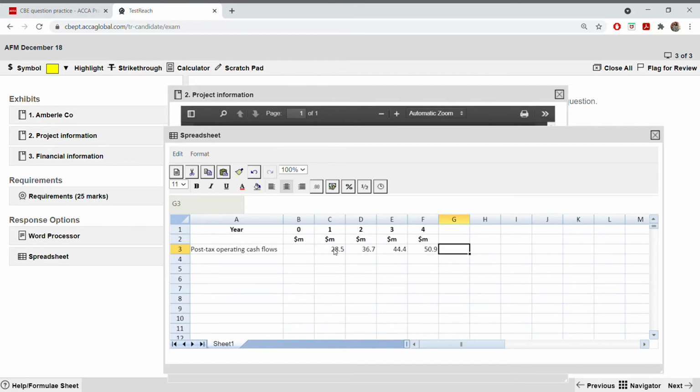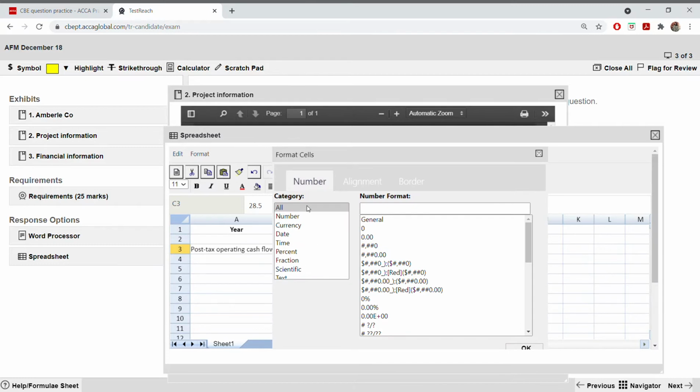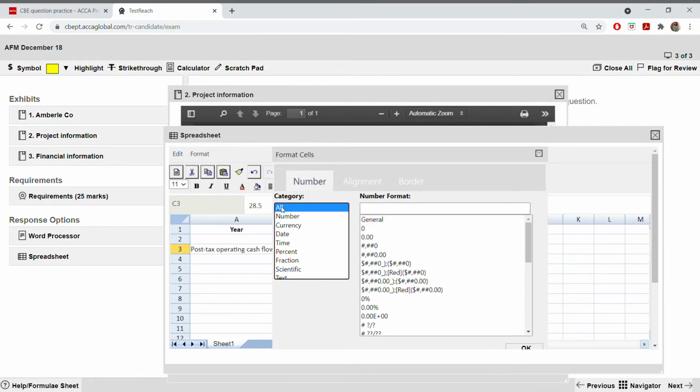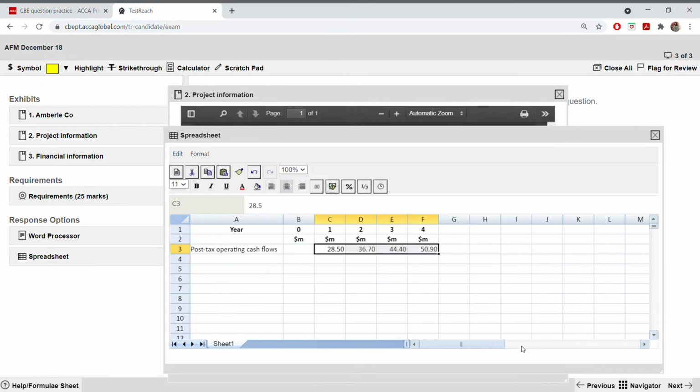I will make each one to 2 decimal places. Format cells, number, 2 decimal places, and I will make sure the whole thing is center aligned. Next, what is the next item?